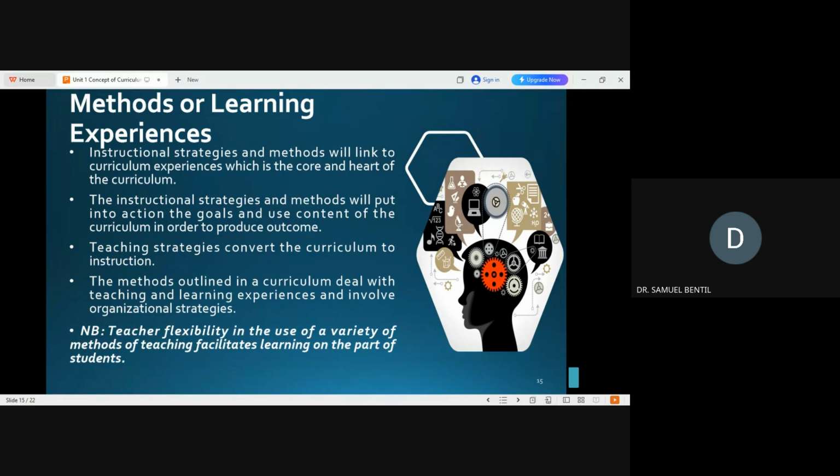Then there is the interaction between the learner and the subject. For example, when you pick the subject and you are reading, making your notes, according to Tyler, it's a learning experience. So you see, we are saying that instructional strategies and methods link to curriculum experience, which is very fundamental to curriculum development.